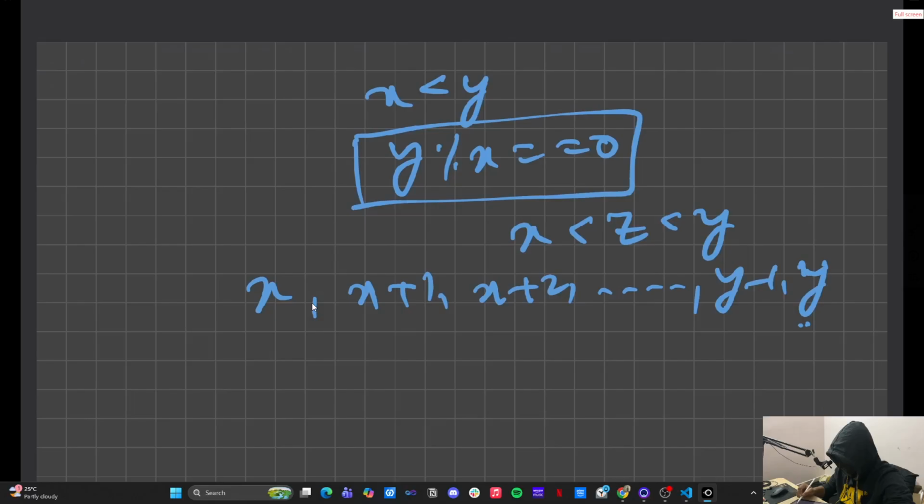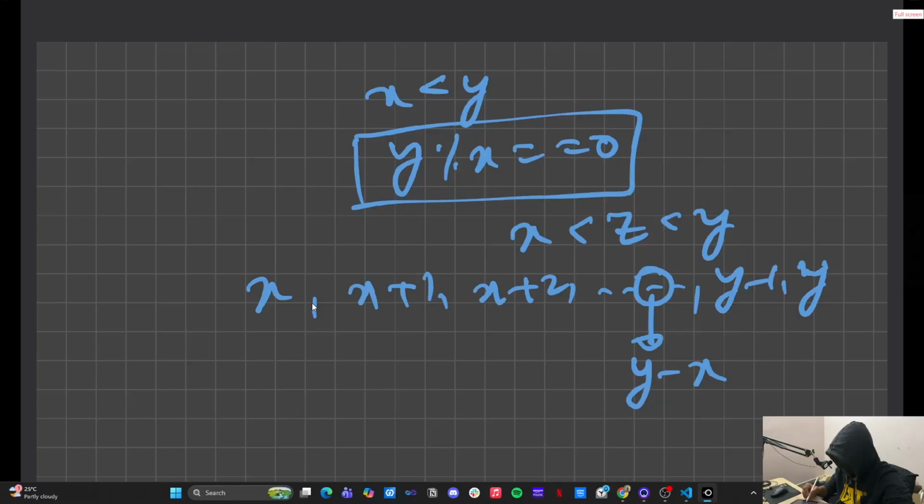From the back side, I'll move x distance back. So when I move x distance back, the number you will be getting is y minus x. Why I am doing this, I'll tell you again.